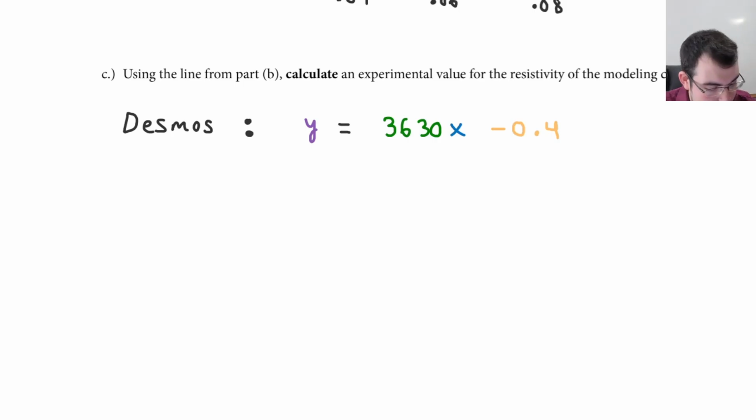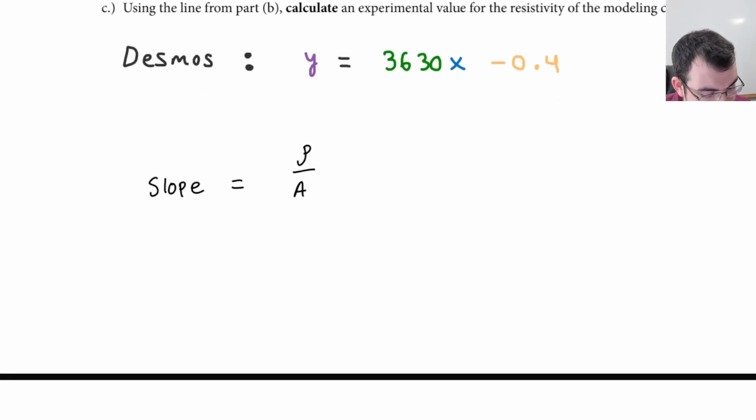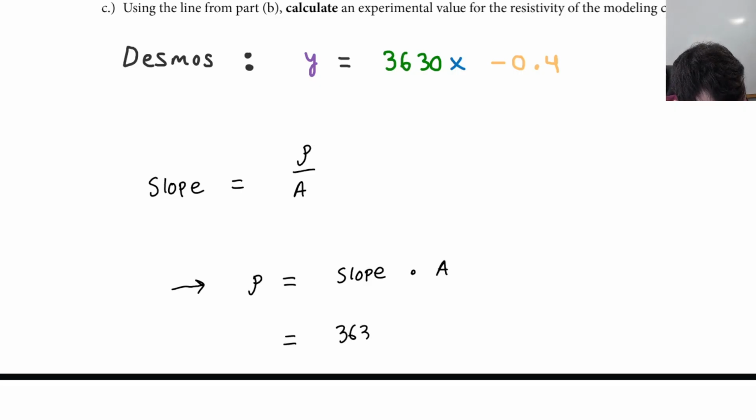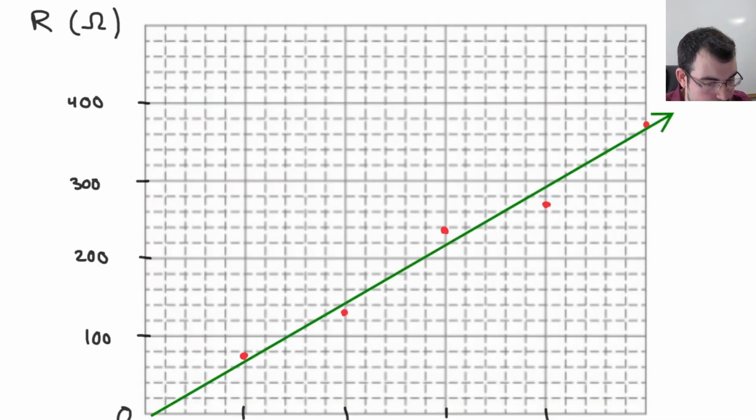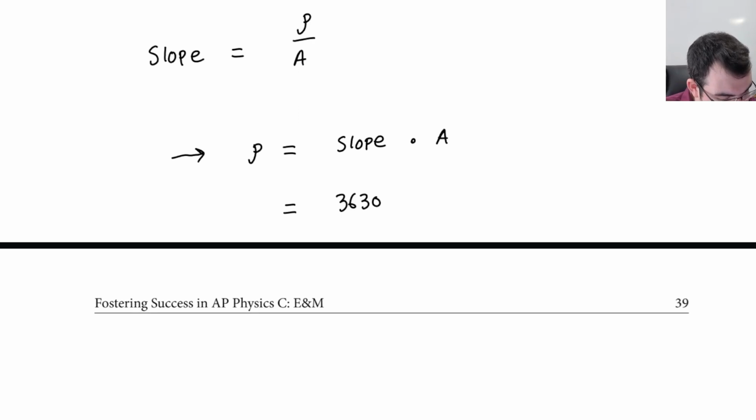So why do we care? Well, we just came up with the fact that the slope of our line was equal to resistivity over area, which means that resistivity is equal to the slope times the area. Our slope was 3630. And we'll do the units here, why not? The slope was our rise, which was ohms, divided by our run, which was meters.